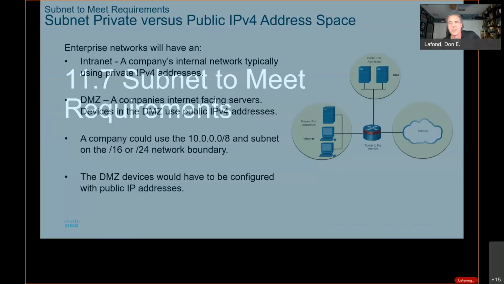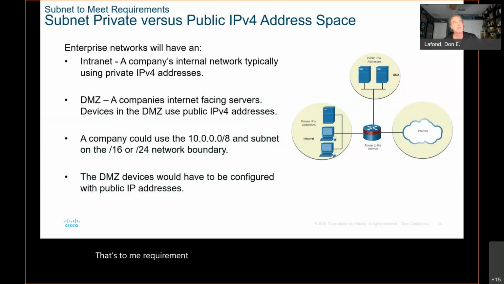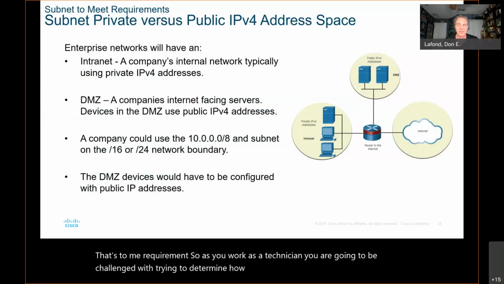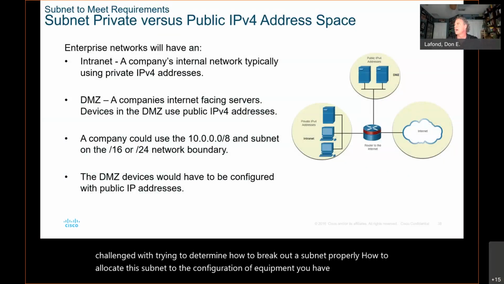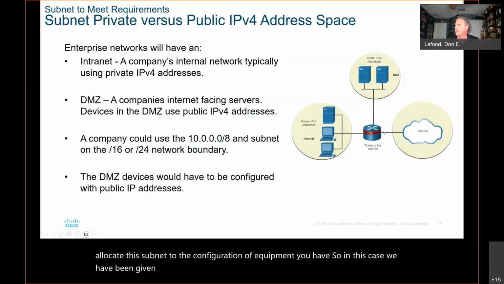Subnets to meet requirements. As you work as a technician, you are going to be challenged with trying to determine how to break out a subnet properly, how to allocate the subnet to the configuration of equipment you have. In this case, we have been given some addresses, not only for the gateway router to the edge router to talk to the internet, but also for a DMZ.